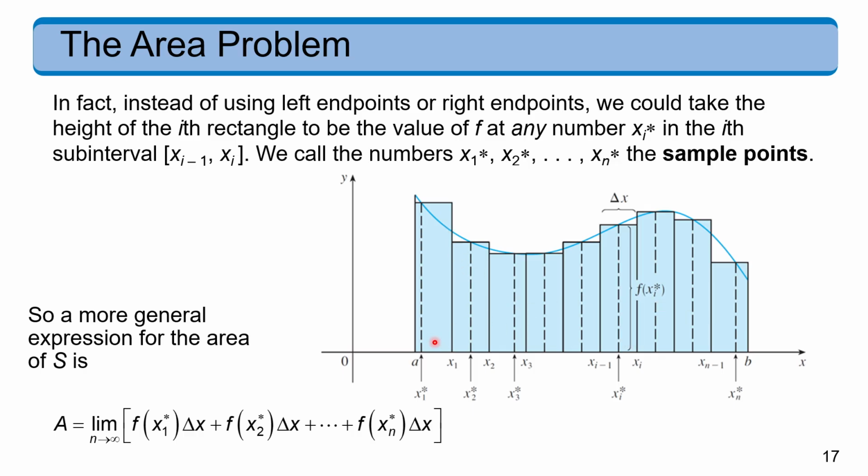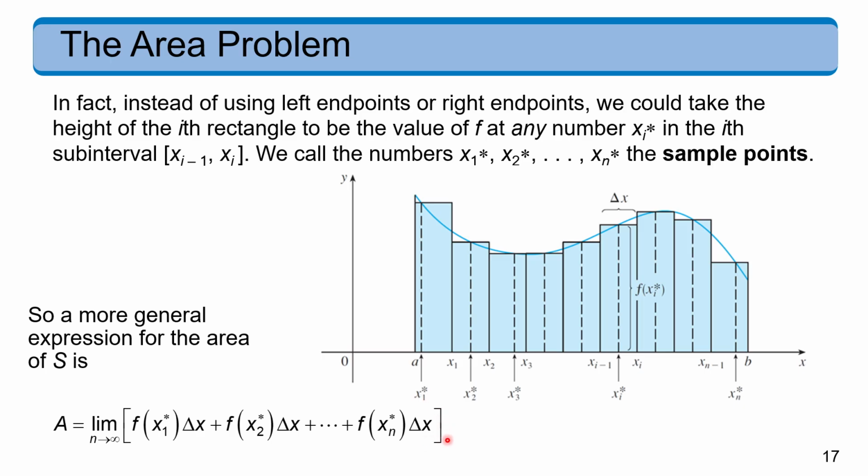So the height of the first rectangle would just be f evaluated at x1 star, and the width is still what we call delta x. All of the rectangles have the same width, delta x. So here's the area of the first rectangle, height times width. Plus, go to the second rectangle, we have height times width, again using the sample point from the second subinterval. And then we go all the way down to the last one, height times width of the nth rectangle.